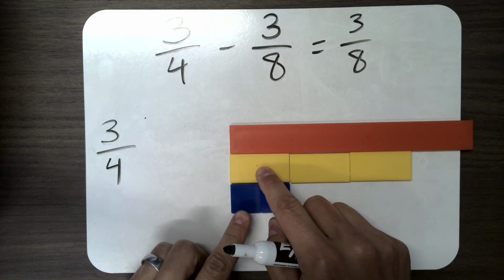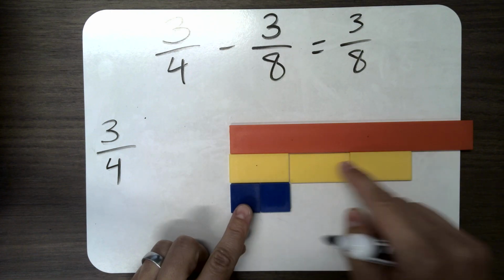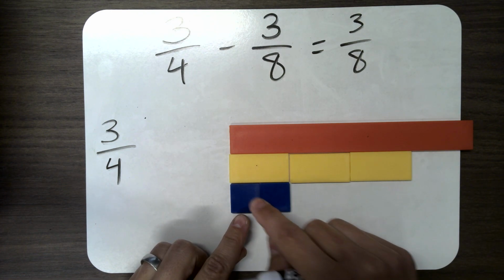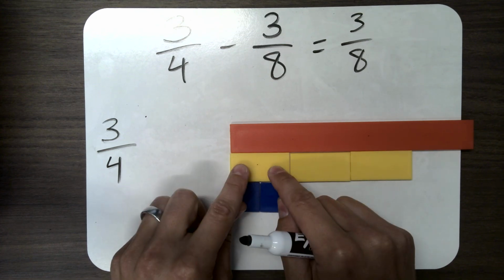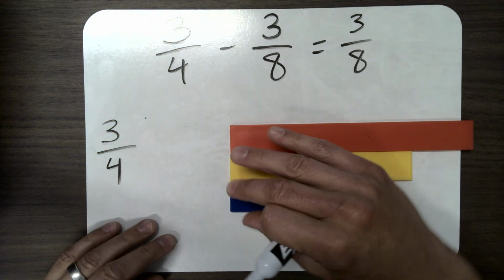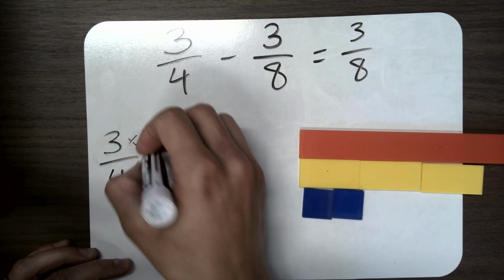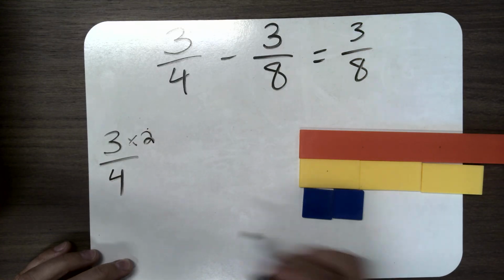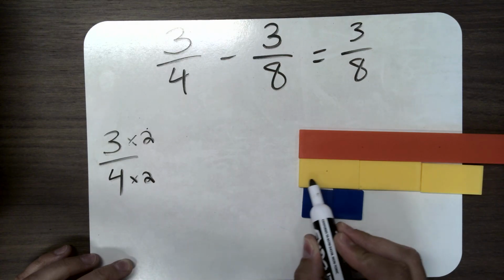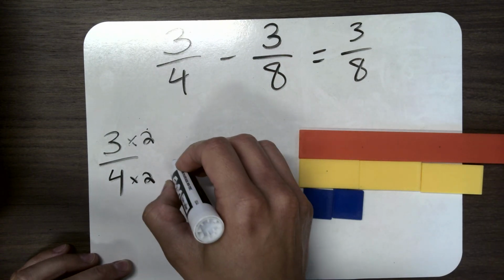So instead of having this one piece, we have 2. And then instead of needing 4 pieces to make up the whole, we would need 8 pieces to make up the whole. Okay, so this action here, going from the fourth to this 1/8, and then same for the others, that's this idea of multiplying our numerator by 2, from 1 part to 2 parts, and then multiplying the denominator by 2, since we now need 8 total parts to make up the whole as opposed to just 4.